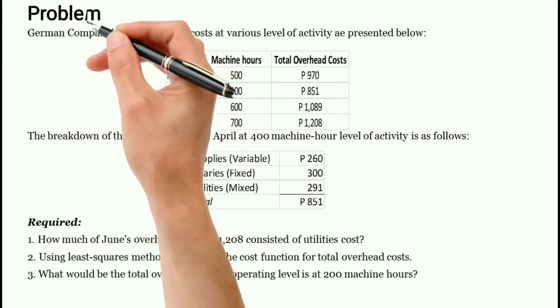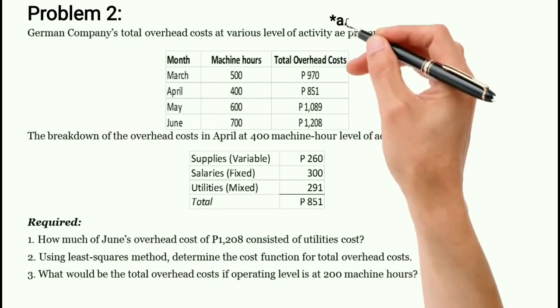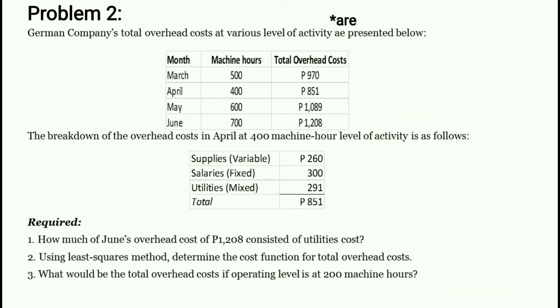Let us now proceed to the second problem. German companies' total overhead costs at various levels of activity are presented below. For the month of March, the machine hours are 500 and the total overhead costs amount to 970 pesos. For the month of April, the machine hours are 400 and the total overhead costs amount to 851 pesos.